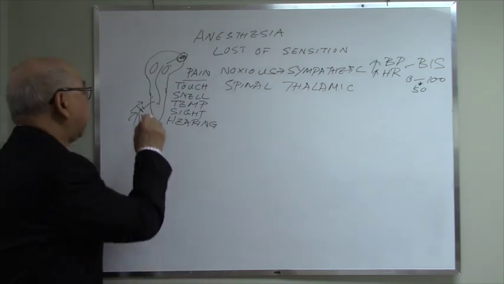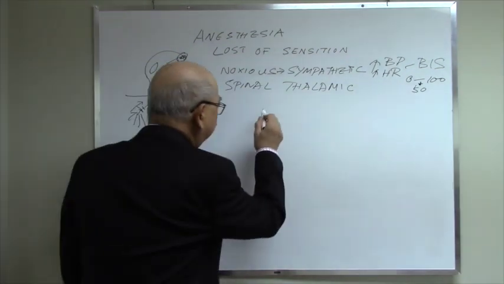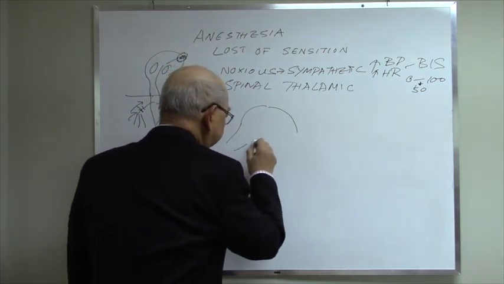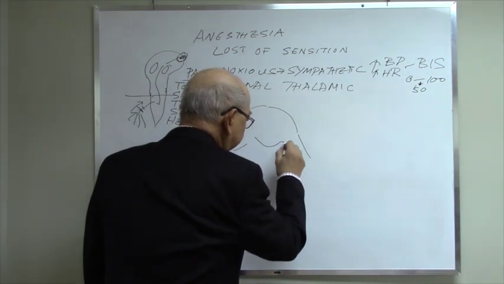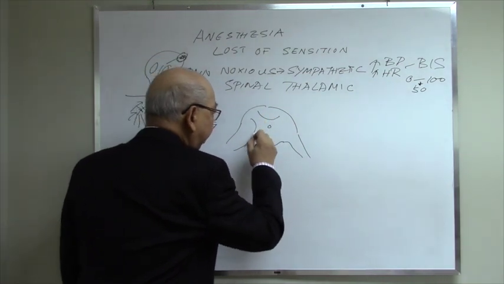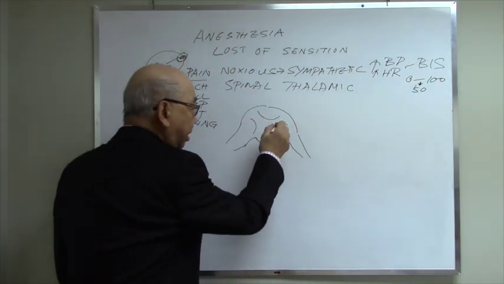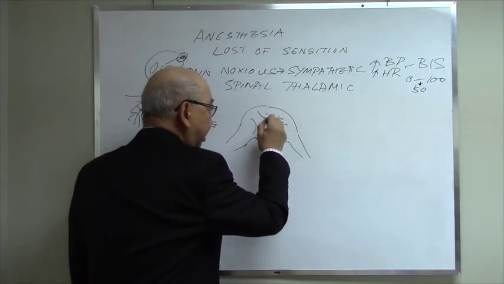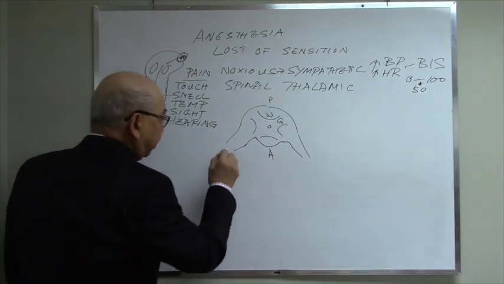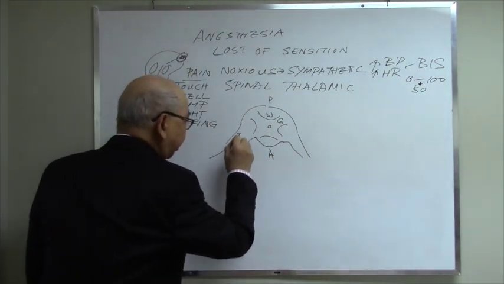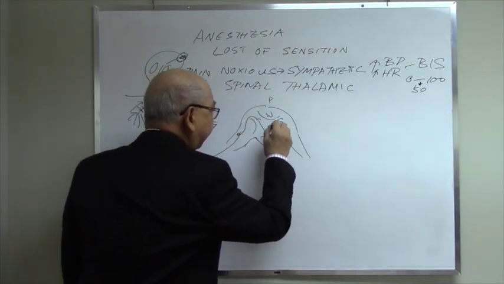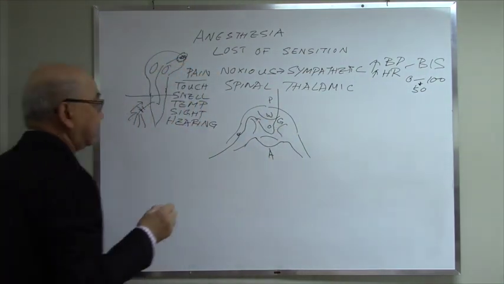So when you cut the spinal cord this way, the spinal cord will look something like that. You've got a central canal, gray matter, white matter, gray, and posterior, anterior. Afferent comes in, posterior ganglion, synapses here, and goes up to the thalamus.